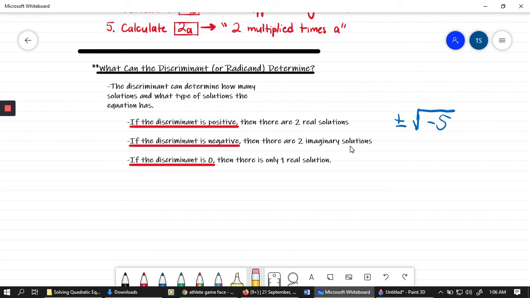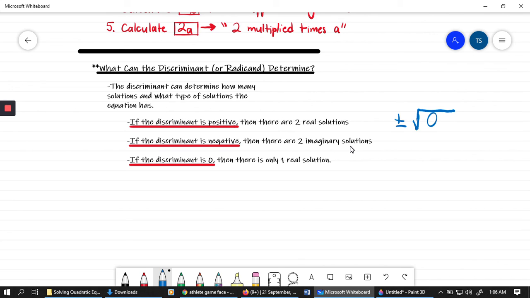And then of course the last option, folks, is where that discriminant is 0. So think about it, right? We all know, or if you don't know, you will know now, that the square root of 0 is nothing but 0.